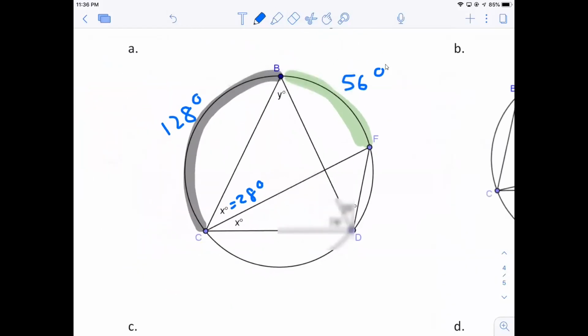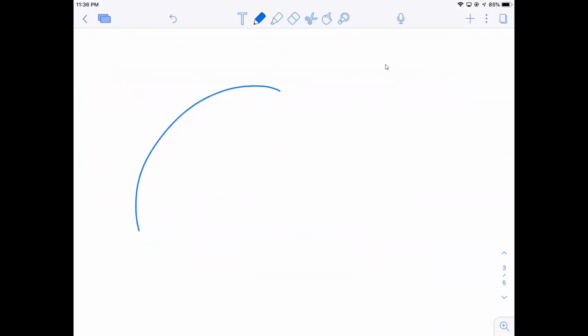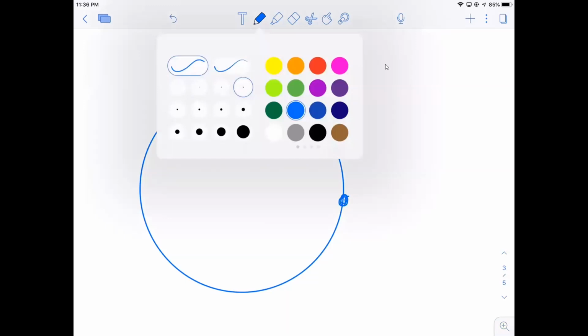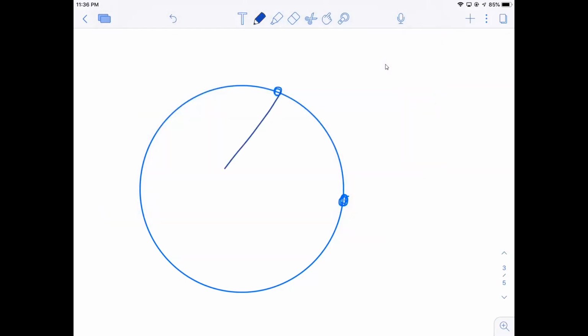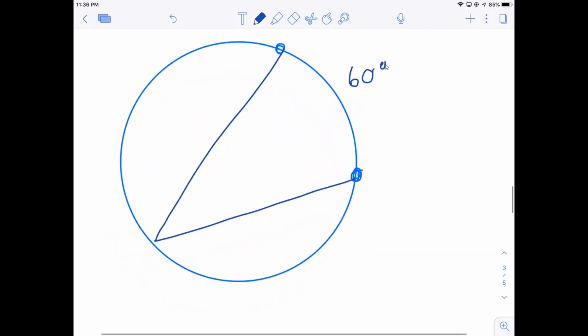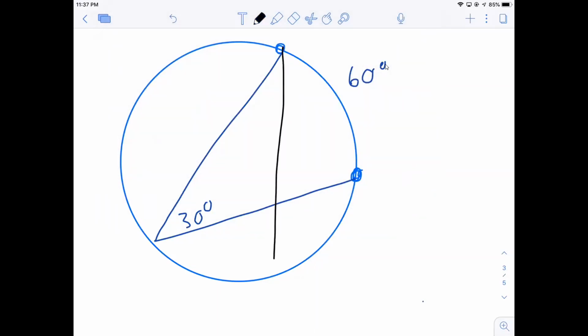And oh, that's actually a pretty important fact. I want to add that over here. When you have some arc, there are an infinite number of inscribed angles that include those 2 endpoints. So for example, let's say that's 60 degrees, this angle here will be 30 degrees. But if you have another inscribed angle with those 2 endpoints, well, guess what?